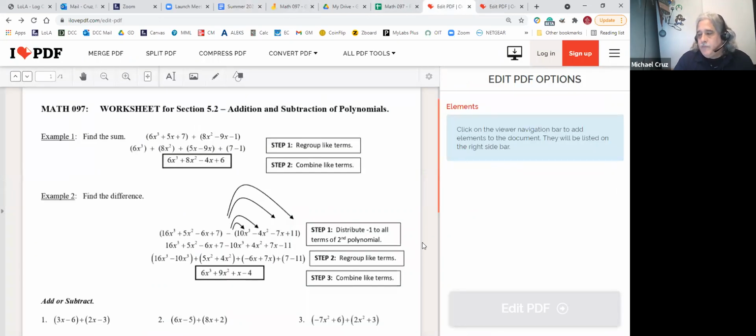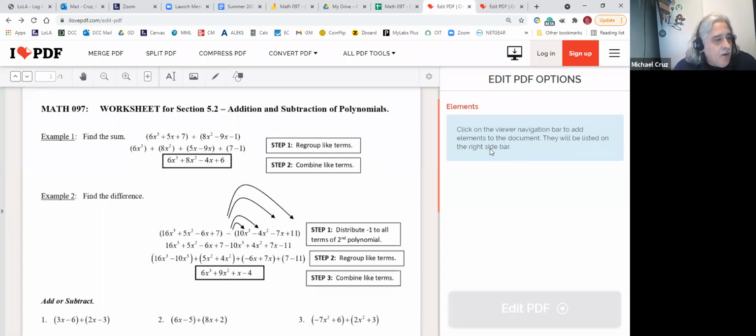As I said, chapter 5.2 is just about collecting like terms. It says find the sum, and hopefully by now you know sum means add.